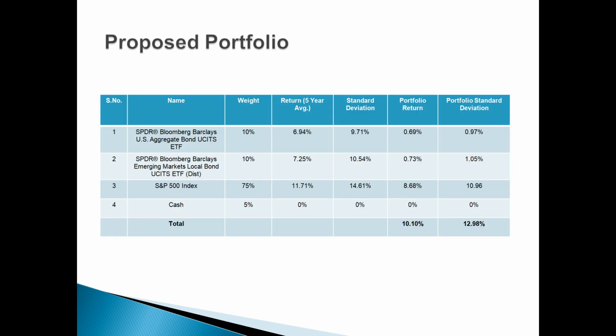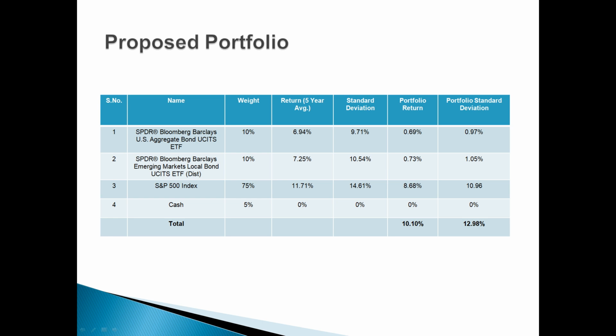Now, let me walk you through the proposed portfolio. It just gives a synopsis in a tabular form. The proposed portfolio will give a return of around 10.10%, and the standard deviation of the portfolio would be around 12.9%.